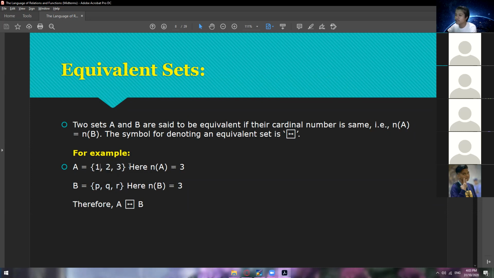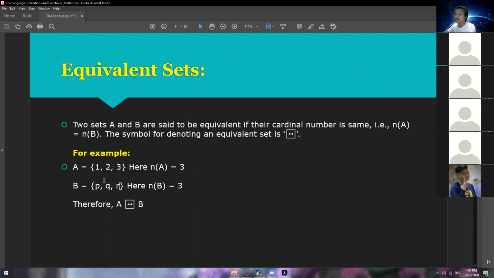So, we have 1, 2, 3 wherein the count of elements is 3. And then another one is PQR wherein the count of elements is 3. So, in here, we could say that set A is equivalent to set B. And then take note, the symbol for equivalent is like this. Okay? So, arrow siya papunta sa right and then papunta rin sa left.